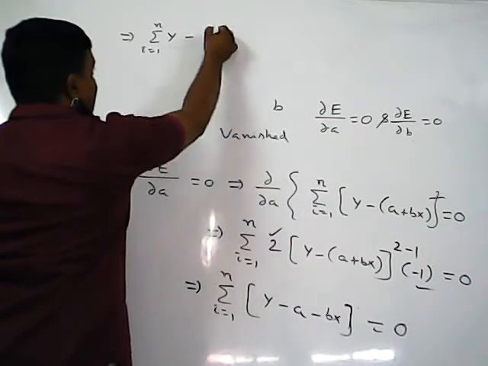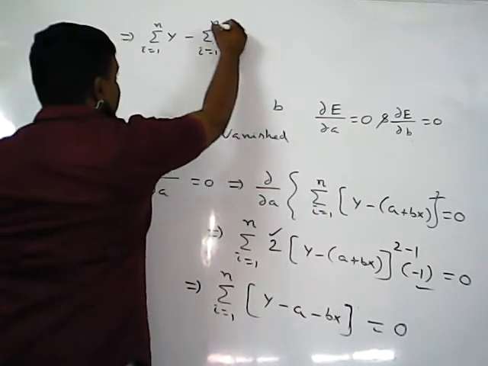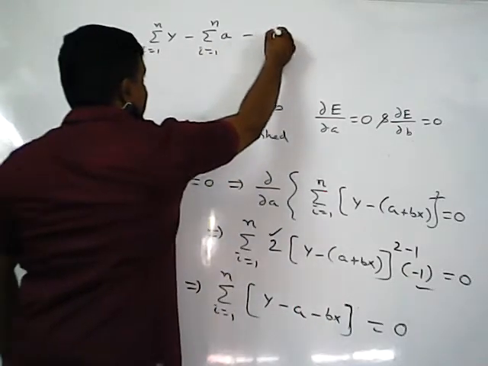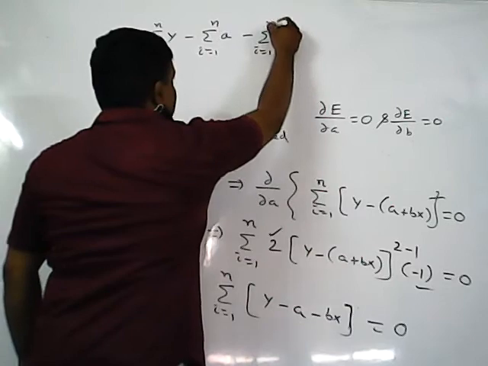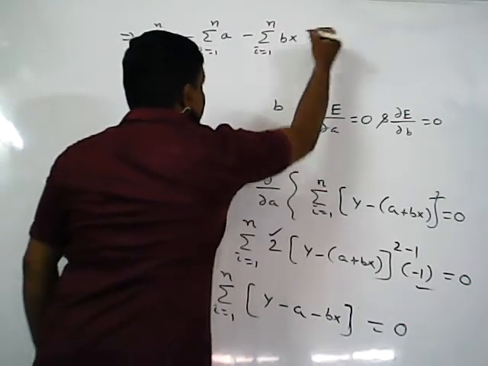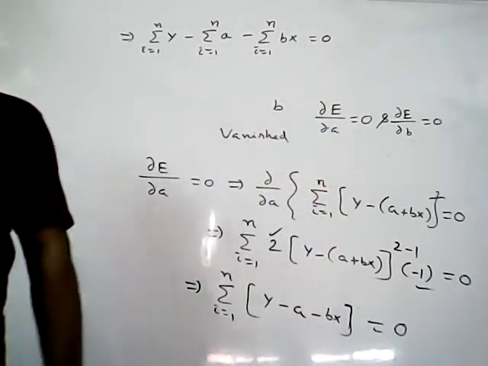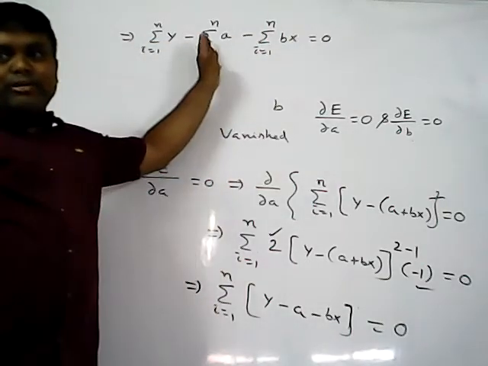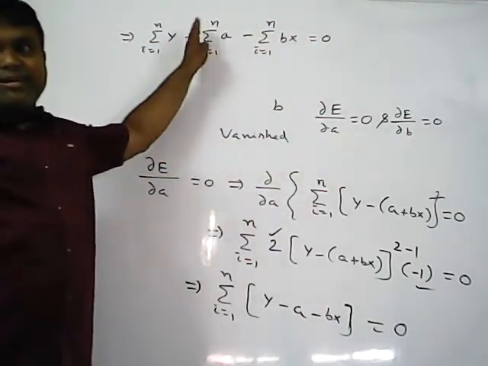Summation i equal to 1 to n a. Next, summation of this term, that means minus summation i equal to 1 to n dx is equivalent to 0. Now what I told: y terms separate, remaining terms separate, and you have to send these terms to the other side, so minus becomes plus.